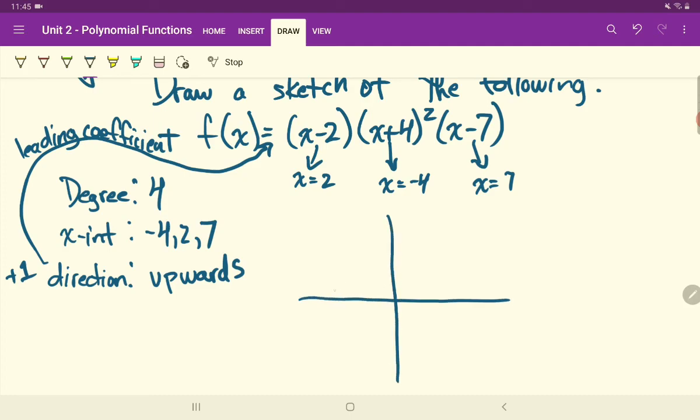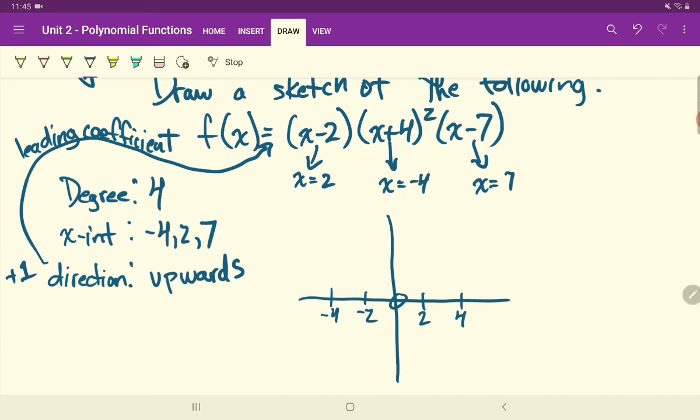Okay, so let's go -4, -2, 0, 2. Let's draw them a little closer. I have a graph that's opening up.